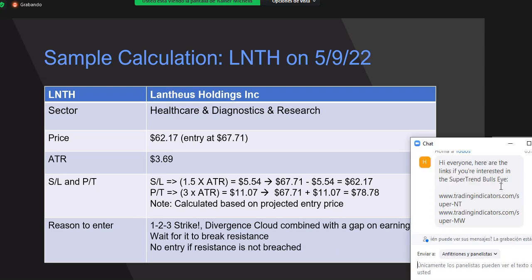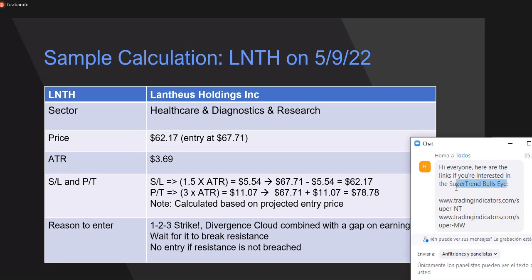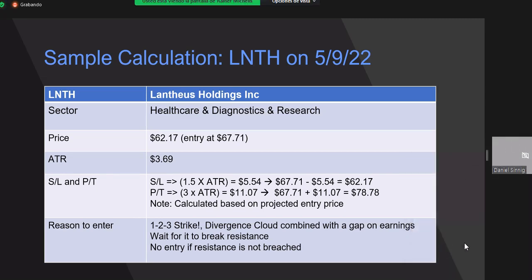This is why we've chosen 1.5 times the ATR, to give the trade a bit more space. And the profit target was chosen at 3 times the ATR, simply calculated by multiplying the stop loss by 2, because we always want a risk-reward ratio of 1 to 2: twice the reward for 1 time the risk.